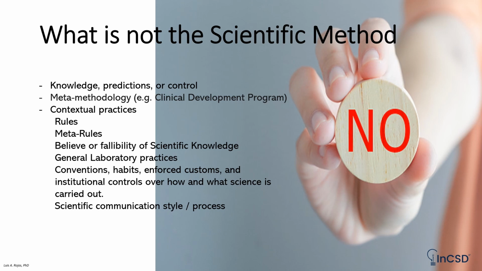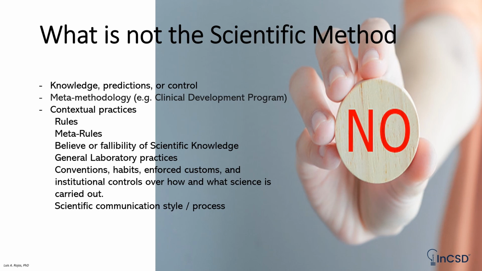But what is not the scientific method? For starters, the actual aims and products of science, such as knowledge, prediction, or control. Methodology, which includes the values and justification behind a particular characterization of the scientific method, for example, the methodology itself. Values such as objectivity, reproducibility, simplicity, or past success.